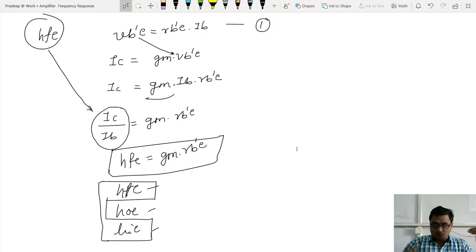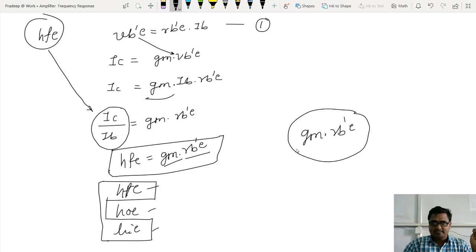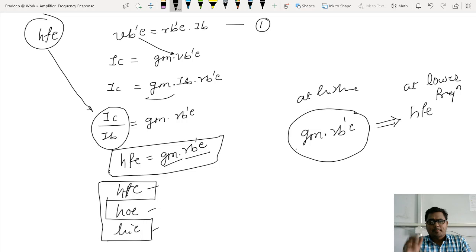So at higher frequencies, if you multiply GM and RB'E, it will give you the value of HFE at lower frequencies. That is what I wanted to show you, and somewhere I will use that equation GM RB'E, because I want to calculate the cutoff frequency.